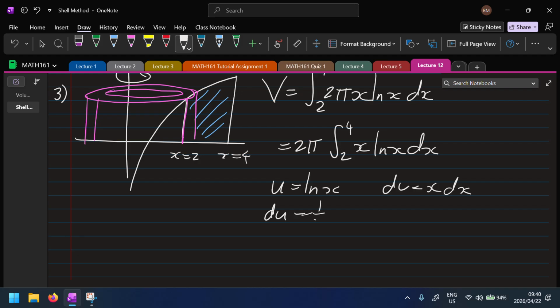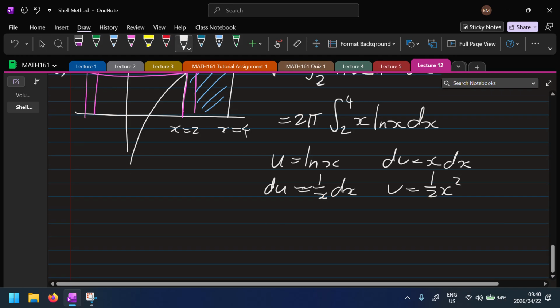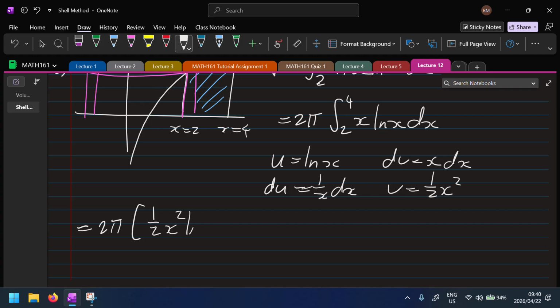So du is 1 over x dx. v is half x squared. So this is going to be equal to 2 pi uv from 2 to 4 minus 2 pi integral from 2 to 4 v du.